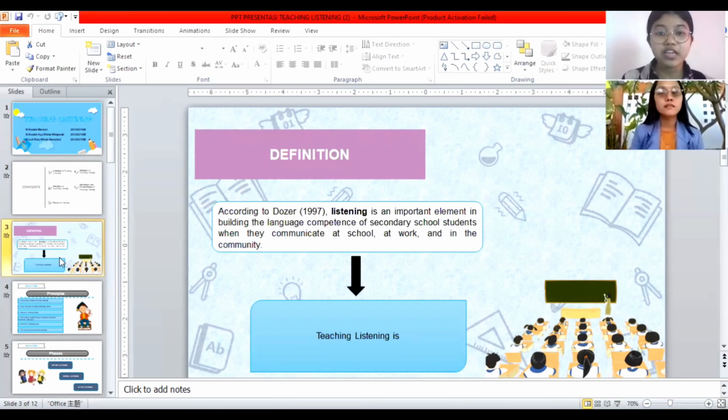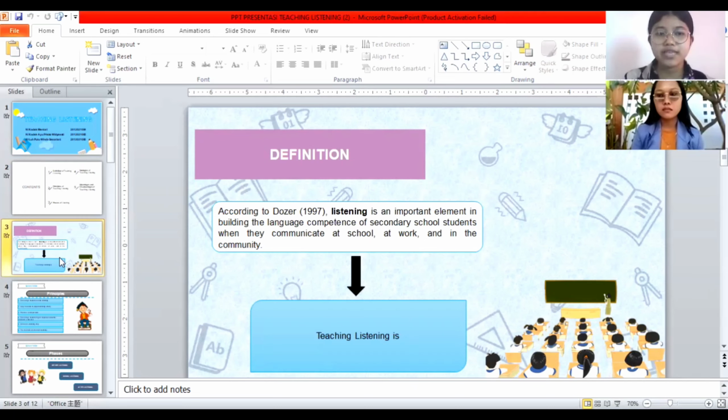It can be done in various ways, for example playing a song, listening to a story, etc. The teacher plays a very important role in facilitating students to improve their listening skill. Therefore, teaching listening is very important for students in achieving the target language being studied.